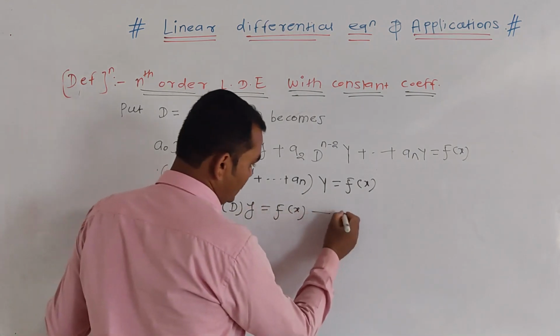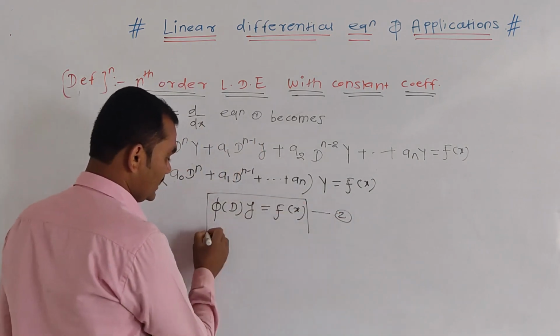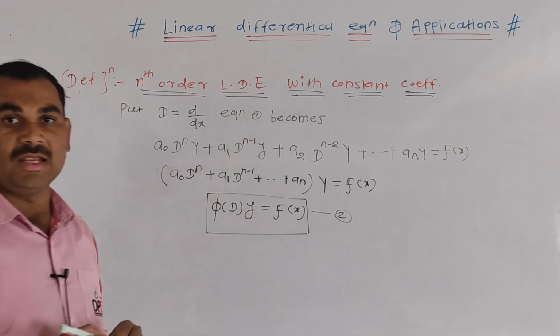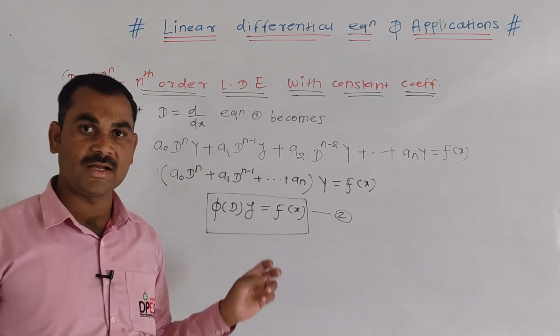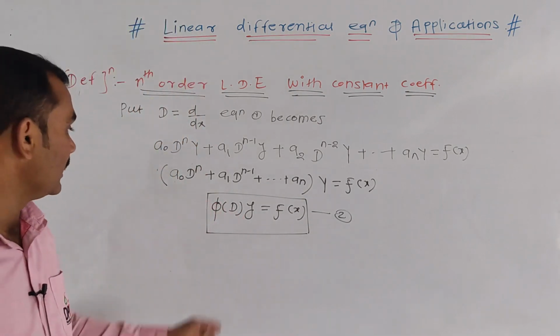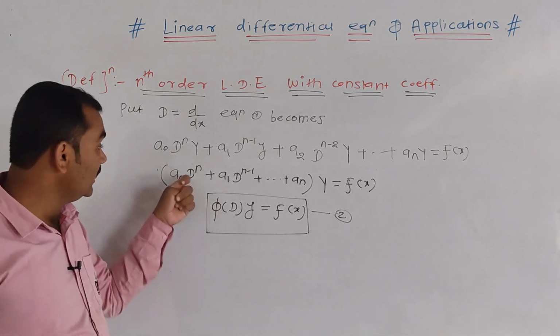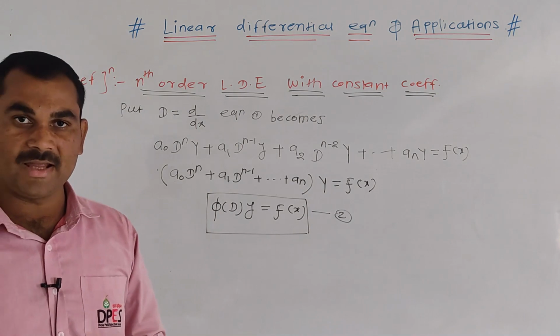Okay, and suppose this is your equation second. Equation first and equation second, these two are equivalent equations, these two are same. Okay, here phi of d is nth degree equation in d. Phi of d क्या है यहाँ पे?